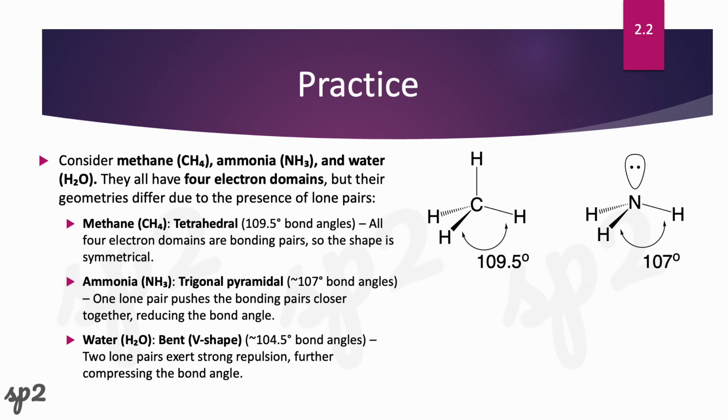This would be even stronger because now we have 2 lone pairs that are exerting an even stronger repulsion, and they're going to compress the bond angle even further. We go down to 104.5, right? So as you can see, the more non-bonding pairs, the smaller the bond angle is going to be. Okay, cool. I hope that makes sense to you.